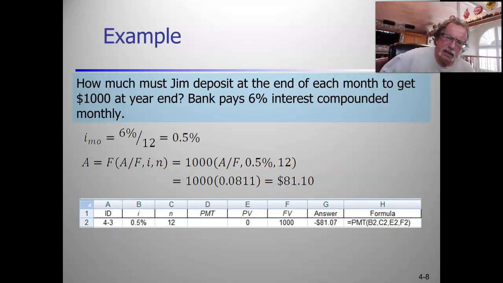Now, here's another way to look at these things. Suppose you want to know how much you need to put into the bank. You want a certain amount at the end of a certain period. So let's look at a new function here, okay?